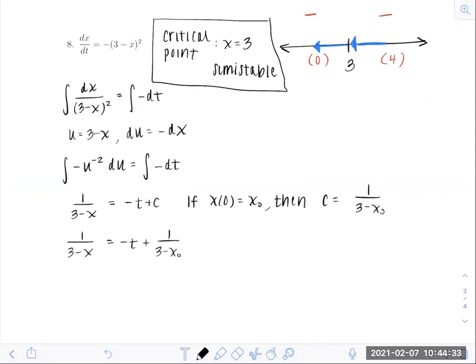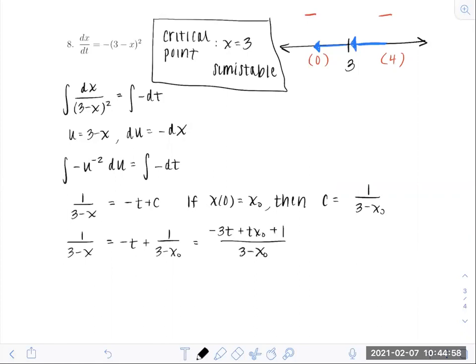And just to make my life a little bit easier, I'm going to get a common denominator to combine these two terms on the right. So this is negative 3t plus t x naught plus 1, all over 3 minus x naught.